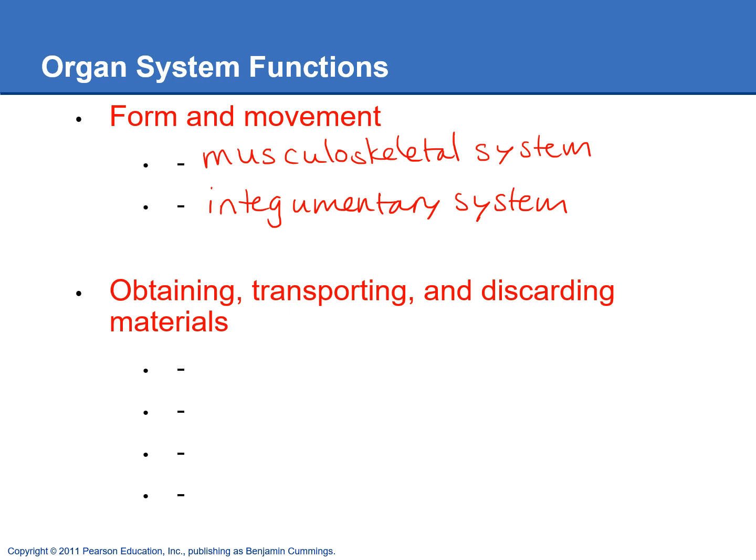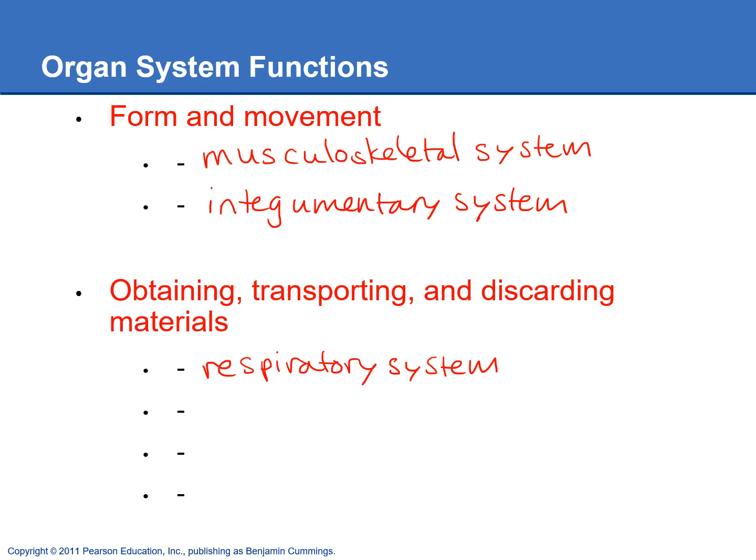They could be involved in obtaining, transporting, or discarding materials. So that could be your respiratory system. Okay, and that would be involved in getting the oxygen in and discarding the carbon dioxide.